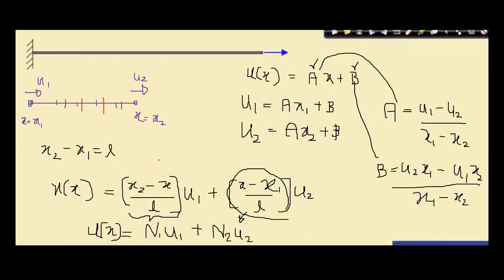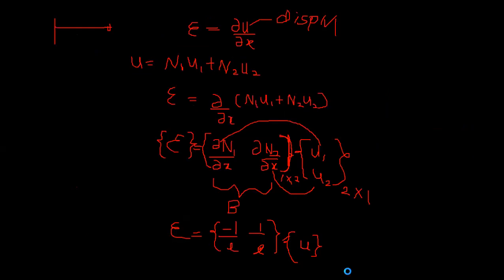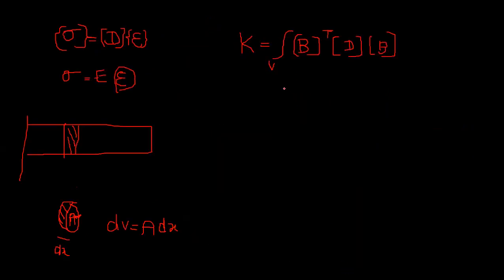If your area is like this, it's a tapered beam, you can even write some function to represent A, or else there are several methods to simply idealize that, right? That will be discussed later in the example.